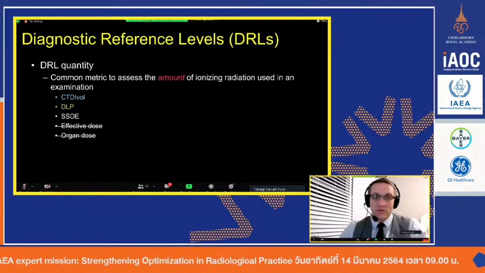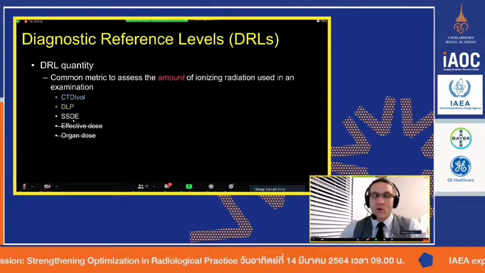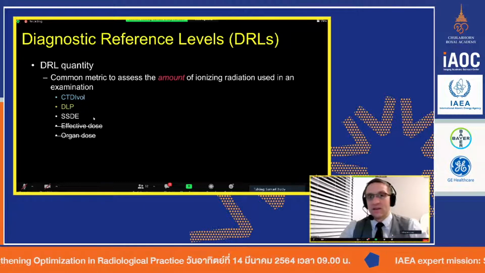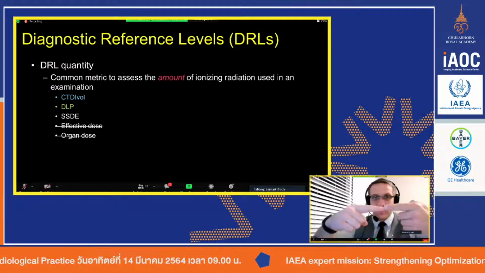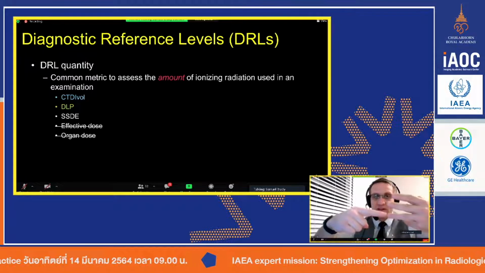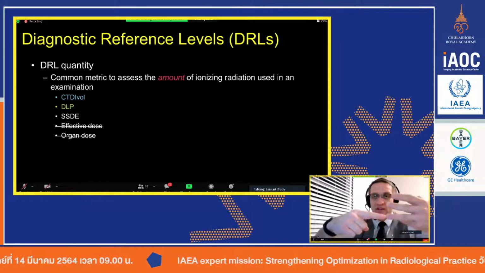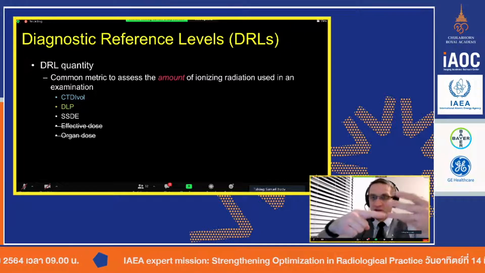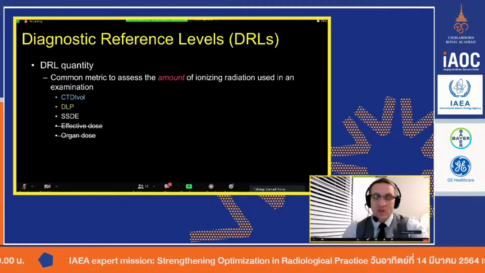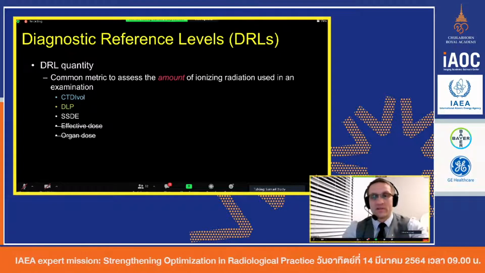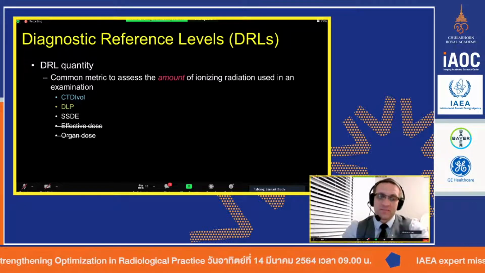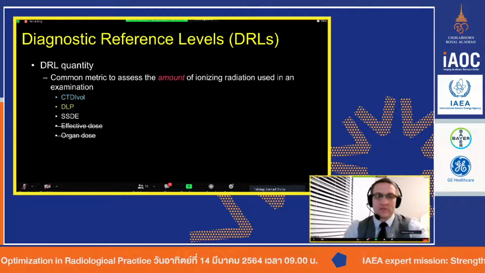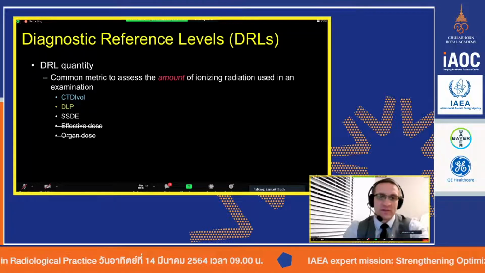They've just approved and are now requiring that SSDE will be displayed on all CT scanners. So now you will see CTDI, DLP, and eventually, with the newer CT scanners in the next probably year or two, you'll start to see SSDE. So going forward, there will be a need for a national DRL, probably with SSDE. But we can argue and talk about that at a different time.